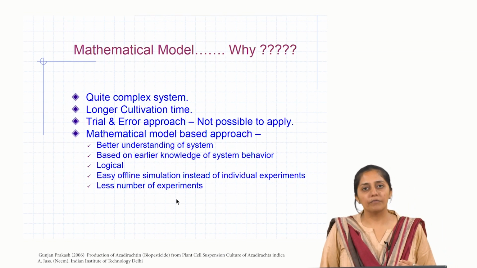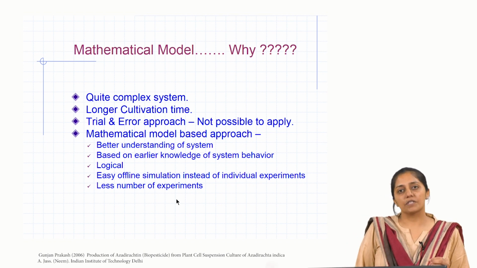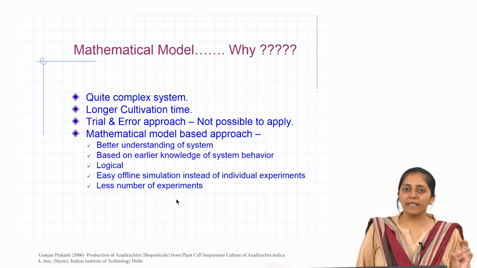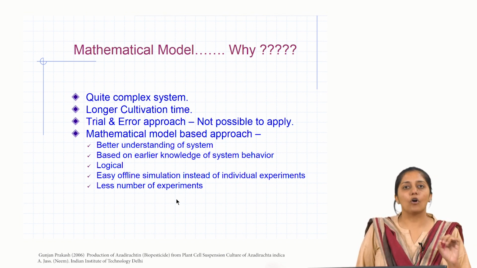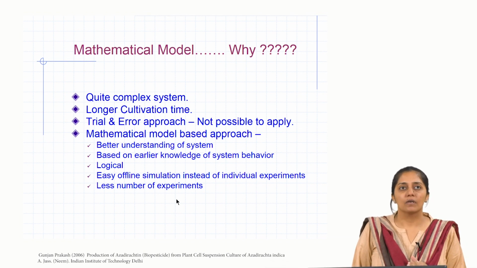Now, before we see the case study, let us understand what a mathematical model is. Because it is a quite complex system and plant cells take longer cultivation times, the general experimentation is more of a hit and trial approach.